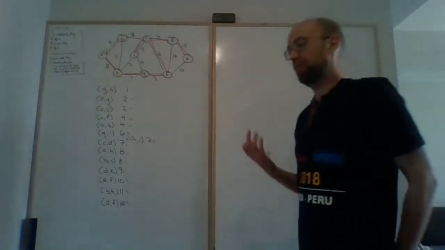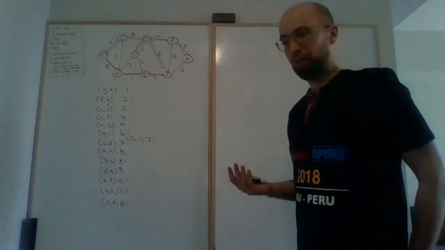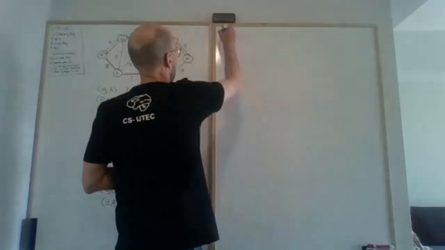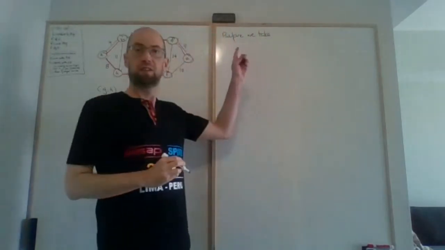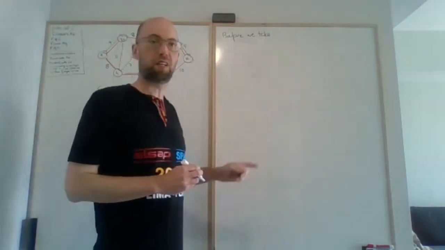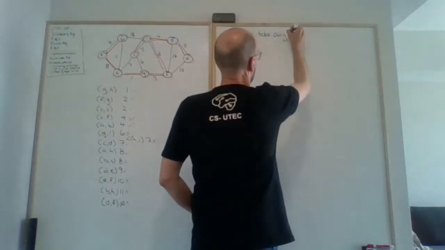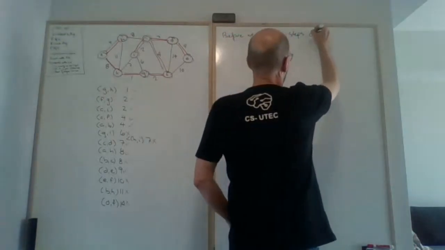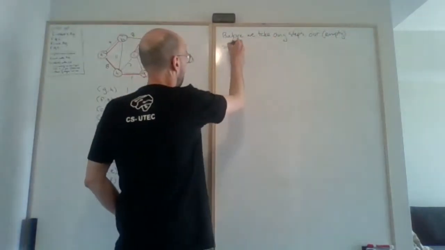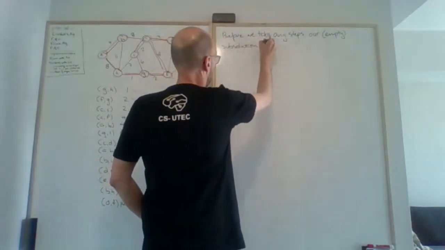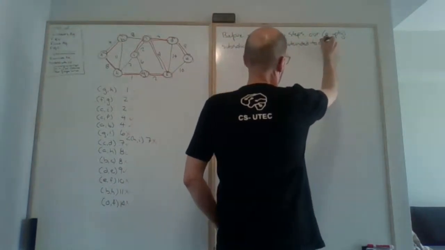So how do you do a proof of correctness for a greedy algorithm according to the template we've been following? Well, you say, before we take any steps, our empty subsolution can be extended to an optimal solution.